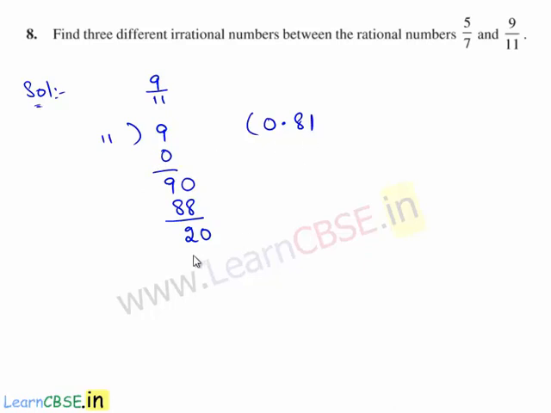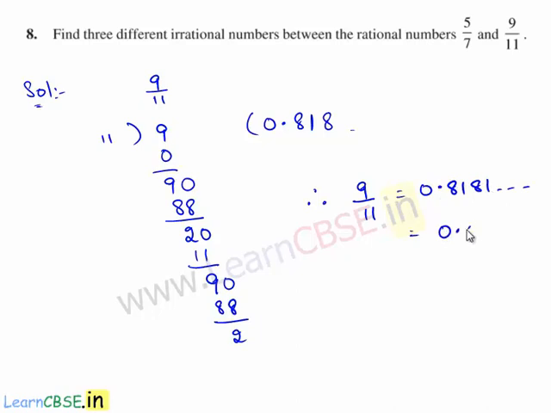So 11 times 1 is 11. Now we are left over with the remainder 9. So from here, the remainders repeat themselves. That is, because of the decimal point, 9 becomes 90. And 11 goes in 90 again 8 times. 11 times 8 is 88. Again we are left over with 2 as the remainder, and so on. Therefore, the decimal expansion of 9 by 11 is equal to 0.81, 81 and so on, that is 0.81 bar.